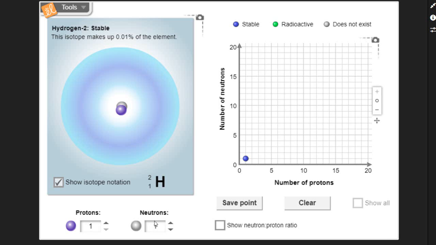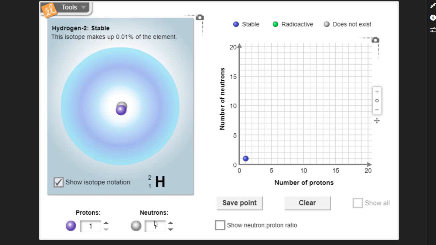Hydrogen is the only one that has a name for each of its isotopes. This one is like deuterium or something like that. It's in your notes. You should have copied it down. Y'all following where I'm at? As soon as it has a different amount of neutrons, this is an isotope of hydrogen.